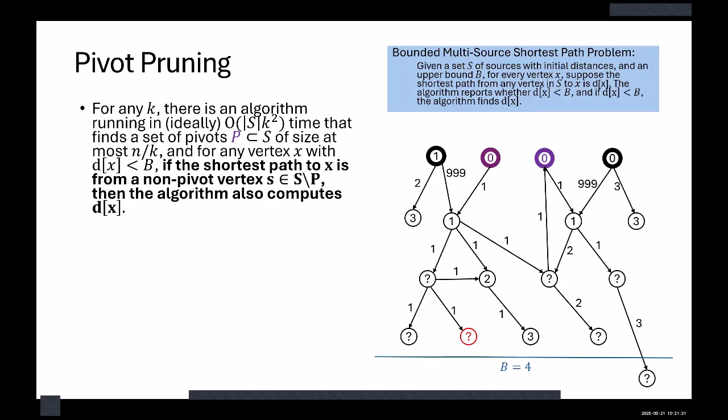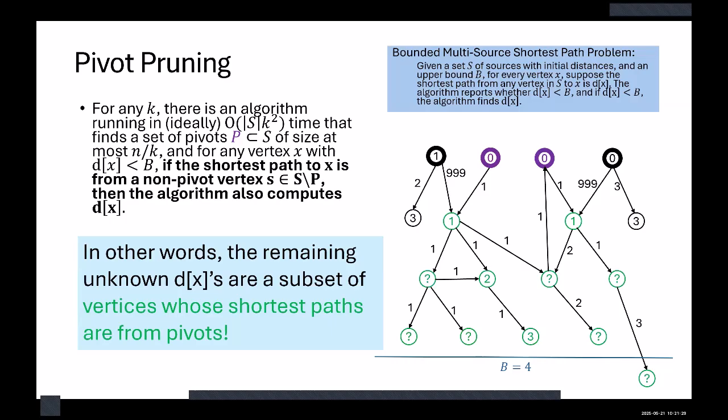So this vertex is not computed, and you can verify that it's indeed from this pivot. So the only remaining work after this algorithm is to compute the remaining distances from pivots. The non-pivots are basically already taken care of.